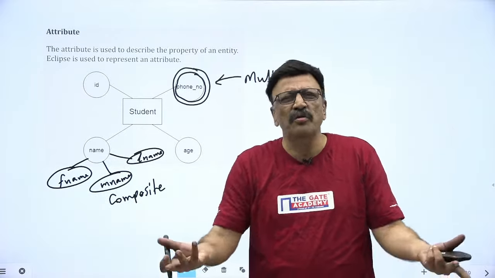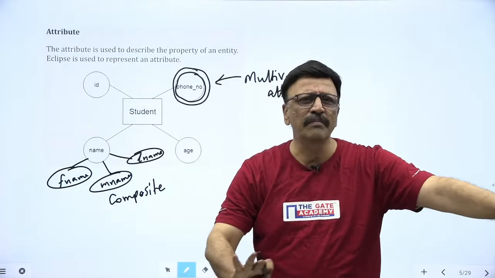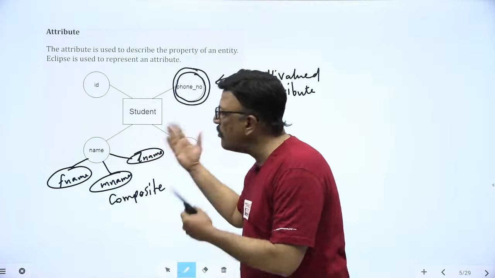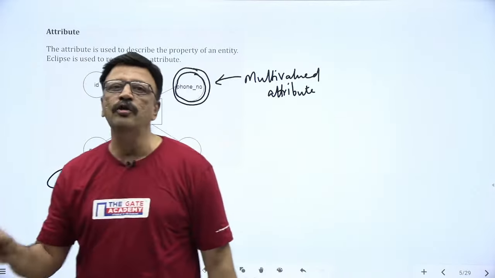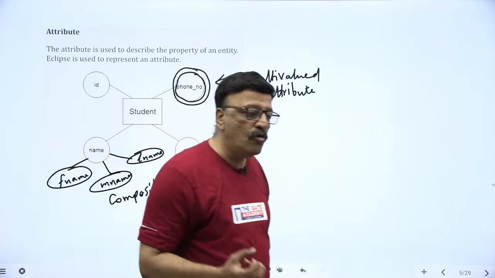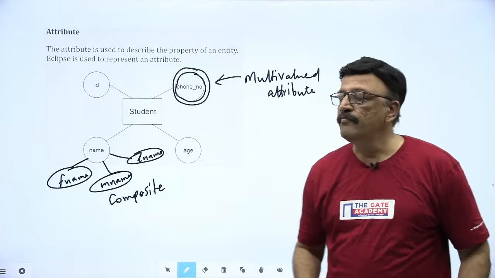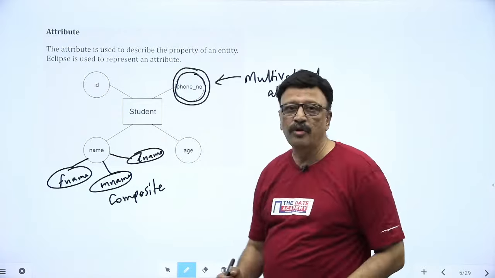The customer may say, no, we store the name as such. We don't want to separate them and keep F name, M name and L name. Fine, then why do you have to show a composite attribute? All these things will be learned only when you talk to your customer, about how fine a granularity you want in your data. But by the way, I have shown name as a composite attribute.